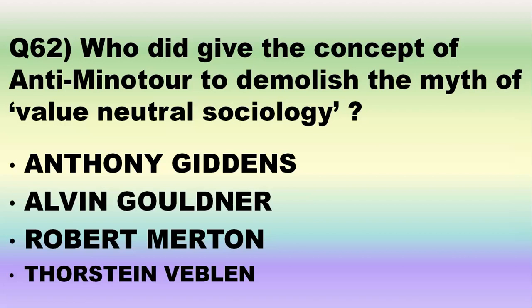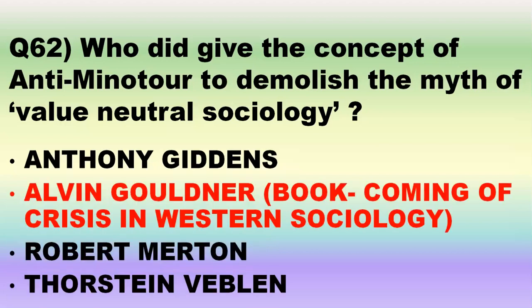Options are Anthony Giddens, Alvin Gouldner, Robert Merton, Thorstein Veblen. The answer here will be B, which is Alvin Gouldner, and this has been mentioned in his book called Coming of Crisis in Western Sociology.